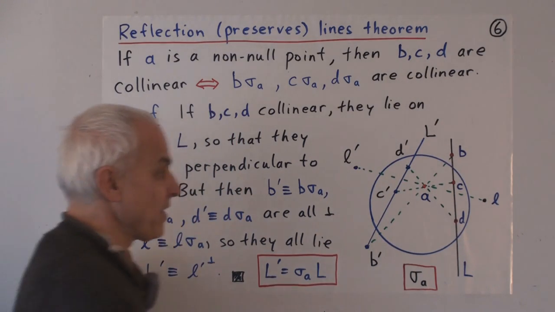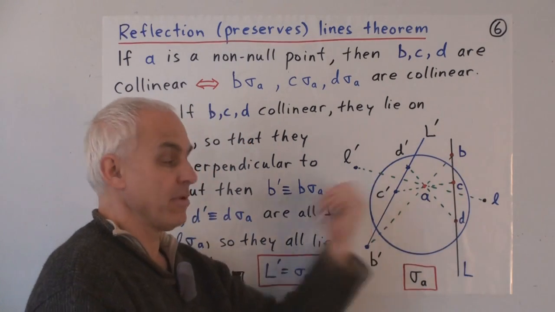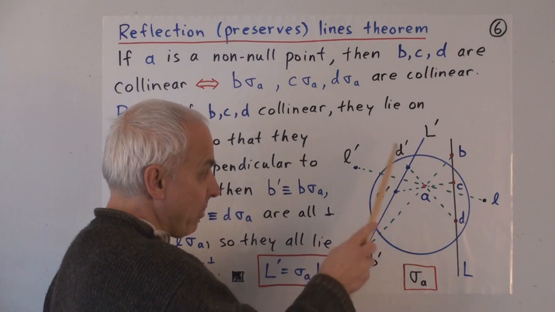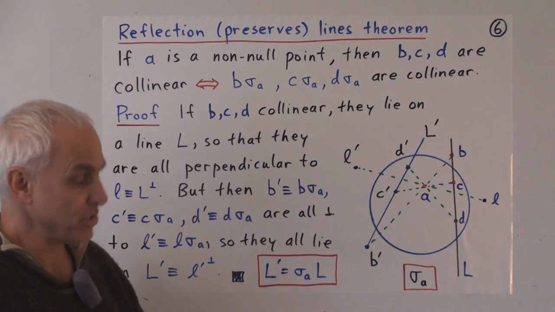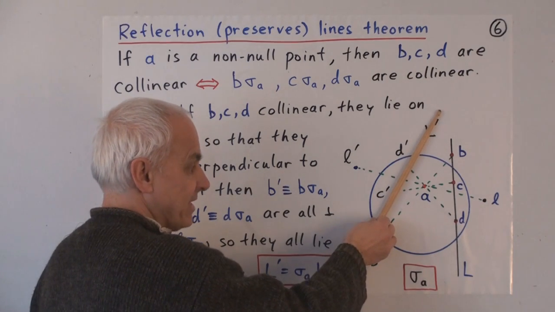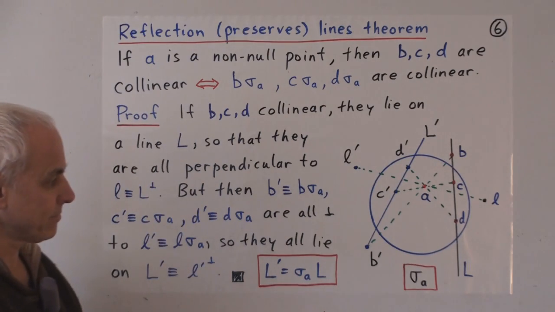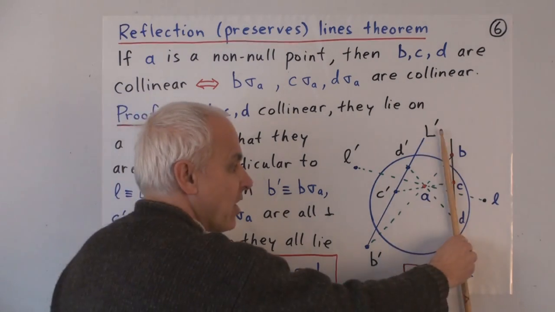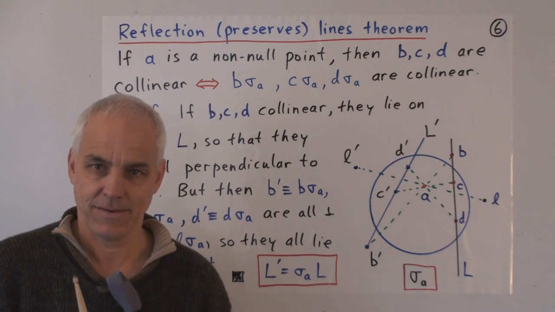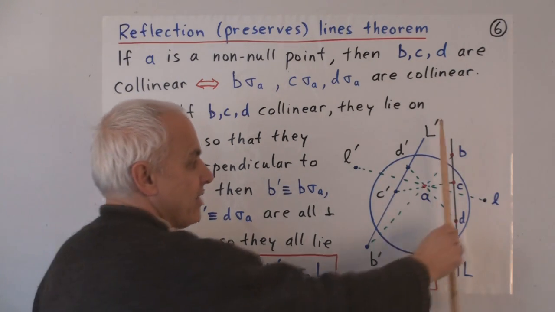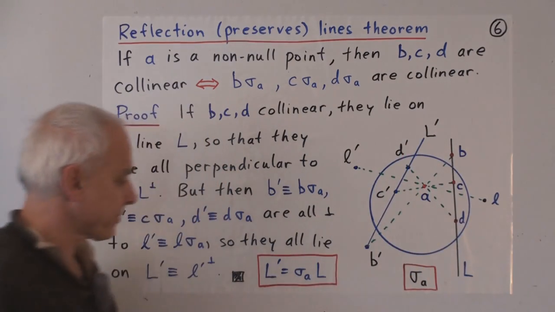So the argument is that if L is perpendicular to B and C and D, then when we reflect all of those, L prime will be still perpendicular to B prime, C prime, and D prime, which means that these 3 points necessarily lie on a line, namely the dual of little l prime. So lines are sent to lines under reflection in A. Any line is sent to another line.